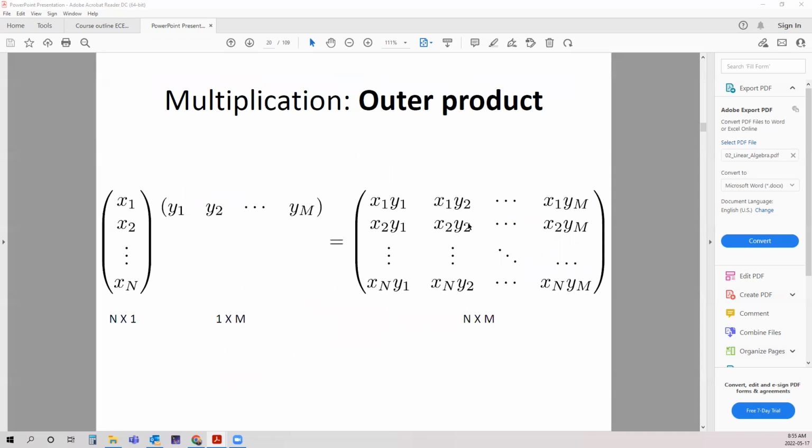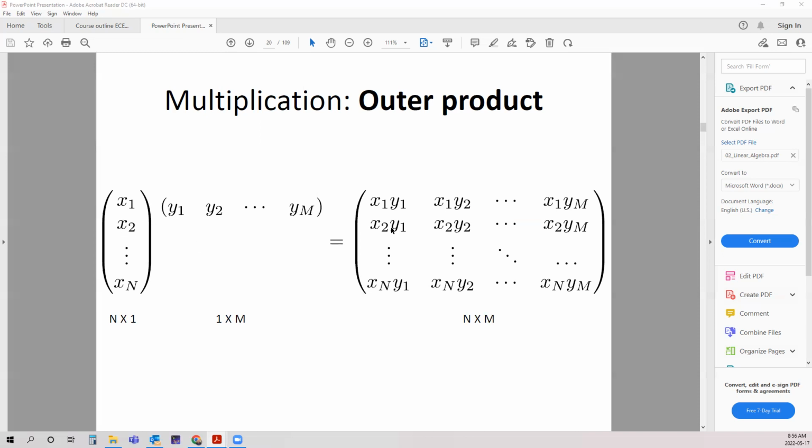Multiplication, outer product, what we call outer product, which means that it will produce a new matrix with new values. So if I have n times 1, if I have a matrix with n rows and one column, times one row with m columns, then it will result in n times m as the dimension of the new matrix. How will this be? x1 y1, then x1 y2, x1 y3 to ym.